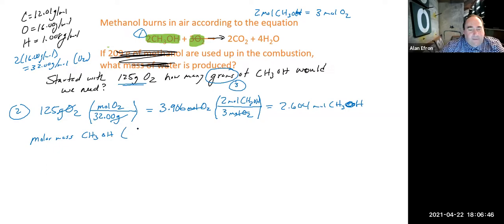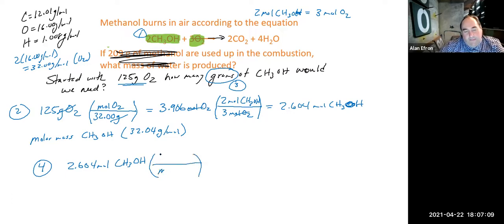If you remember from the last one, it was 32.04 from the periodic table. So we're going to use that for our fourth step here to convert our moles into grams. In this case, we have moles, so we want moles on the bottom, grams up on top.